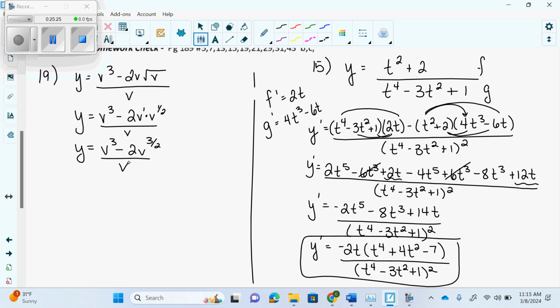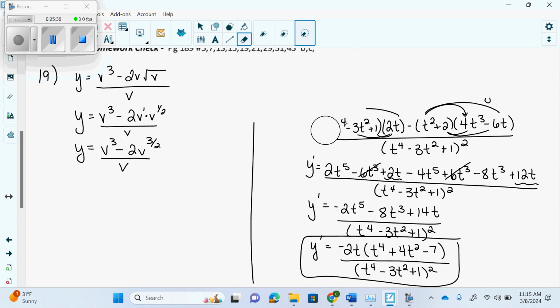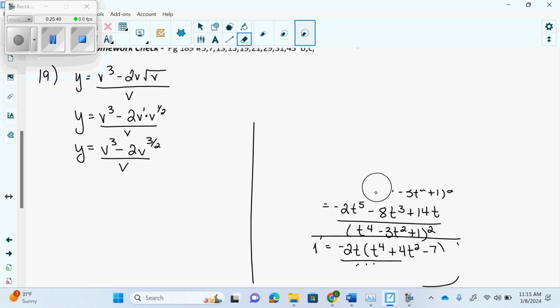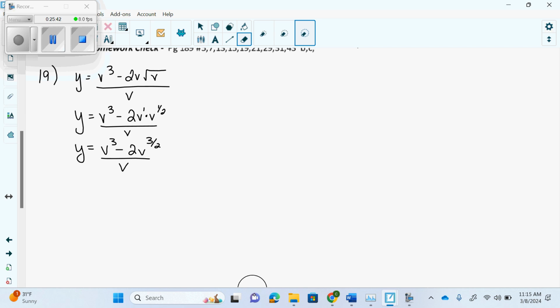The denominator is a monomial. Should we do quotient rule? No, we should split each one of them over v. So do that. Try that. This one you have to do quotient rule with because there's a binomial in the denominator.